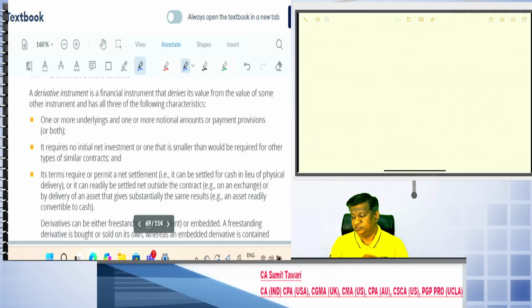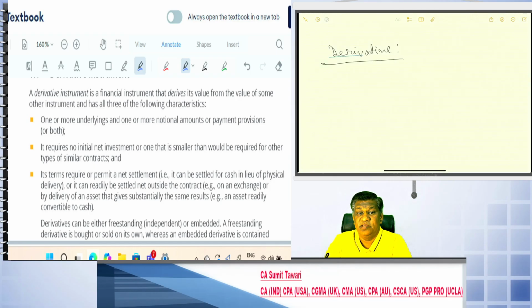So, derivative instrument. A derivative is basically, how can I say, there is a primary contract, and against that there is a secondary contract.